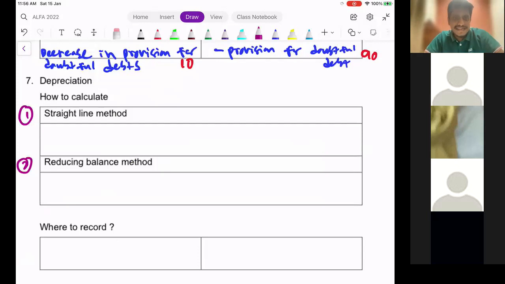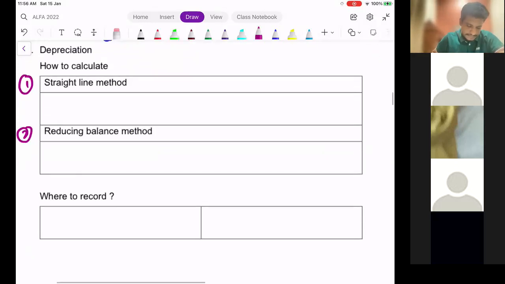Okay, how to calculate the depreciation? First one is straight line method. Another name for straight line method, sometimes they will say on cost. Sometimes they say on cost, straight line, on cost, all these are the same thing actually. The formula to calculate the straight line method is you take the cost times the percentage.